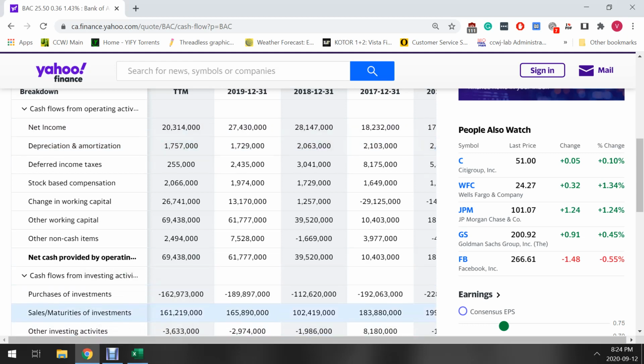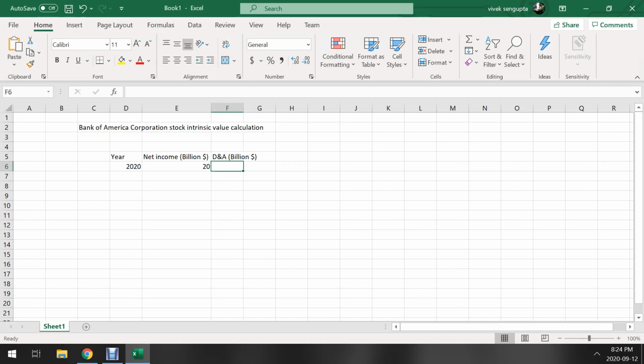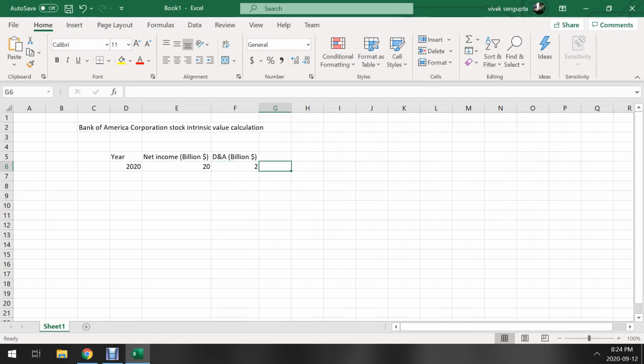And now the depreciation and amortization, it's around 2 billion. We'll put it to 2. There is another thing that comes in most companies, which is capital expenses. But for banks, generally, there is not a lot of capital expenses year over year because the banks are already established, and they don't really need to invest.